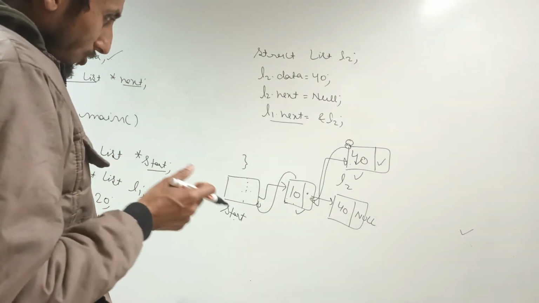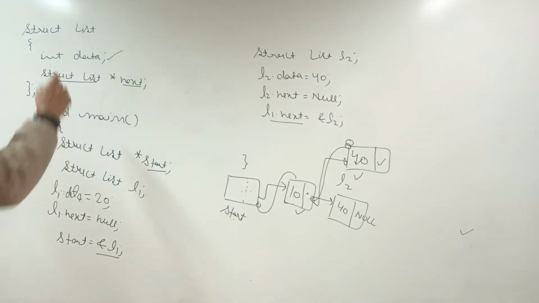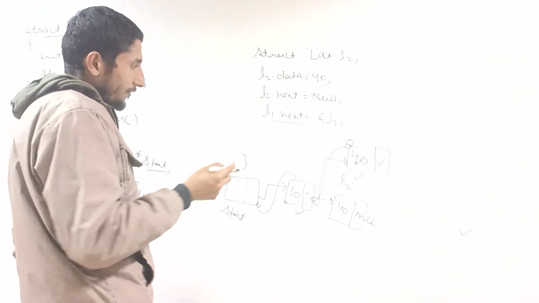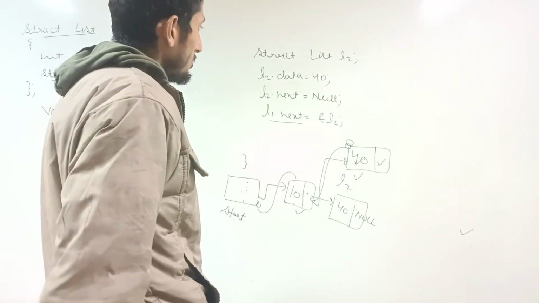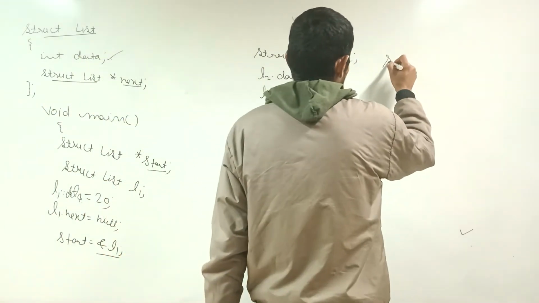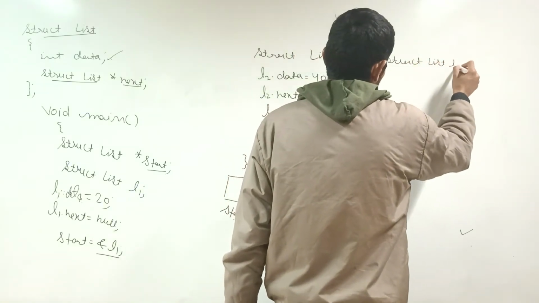What is the purpose of this? First of all, I am going to create a node. In order to create a node, I will take a variable of type struct list. The moment I get a variable, I will link them. Let me show one more time. Let me take a variable struct list L3.